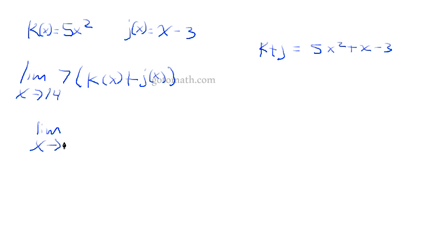There's a bunch of ways you can do this, but we can take that 7 and multiply it inside k of x. Just kind of showing you how to manipulate these things around the limit, because sometimes it's important to know this when we're trying to solve certain limits. And then times j of x. And then we can figure that out. Now you can take the 7 and bring it out front if you want.